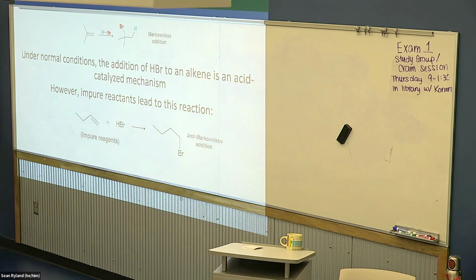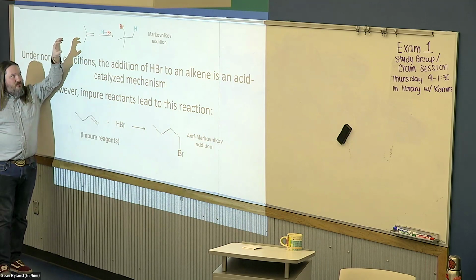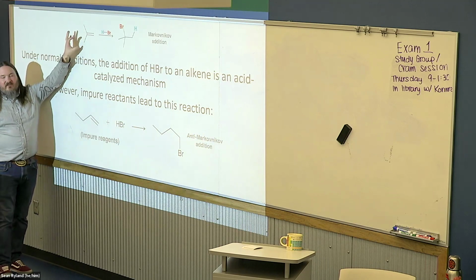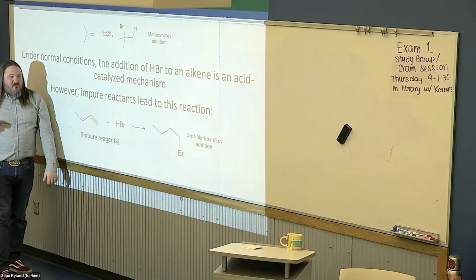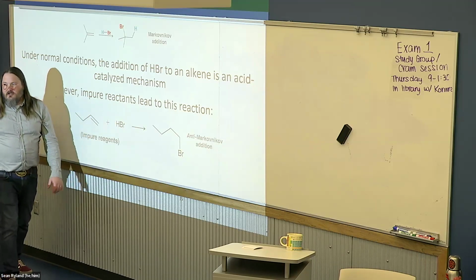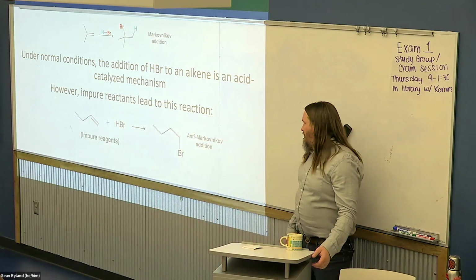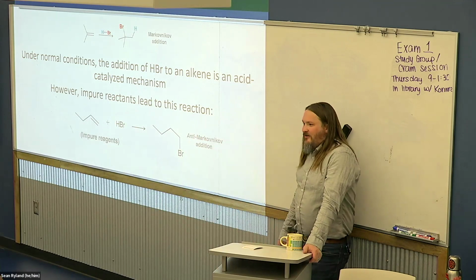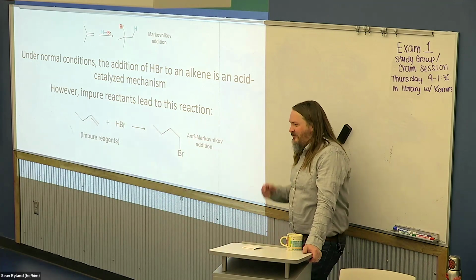They were trying to replicate Markovnikov's research to better understand it, and they kept getting anti-Markovnikov product. It was because the bottle of HBr that they had ordered had some impurity and had sat on the shelf for too long. Eventually they ran the analysis on the reagent bottle, because that's not usually your first thought. Your first thought is, well, Markovnikov's full of it. He's publishing data that's not real. I can't replicate it. It's not my fault. This is his fault.